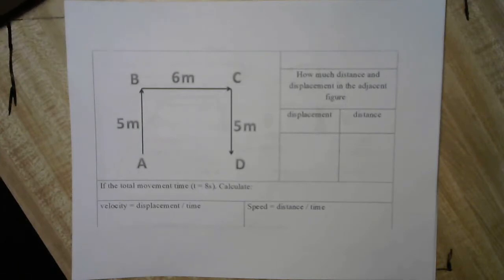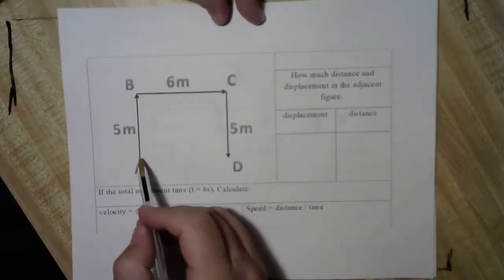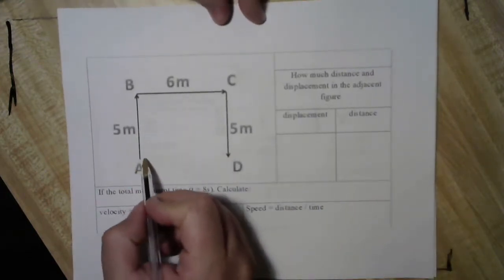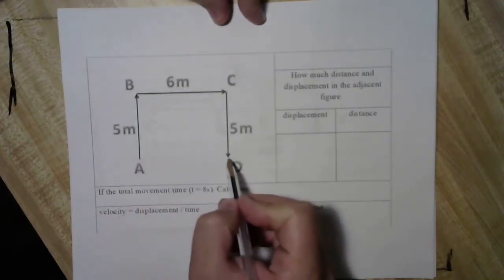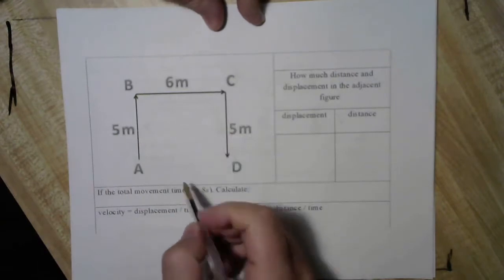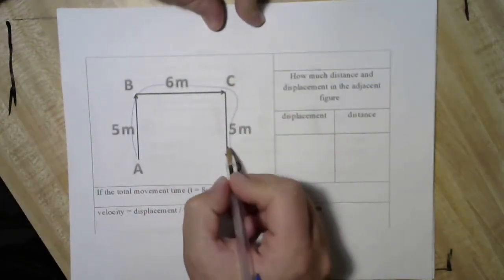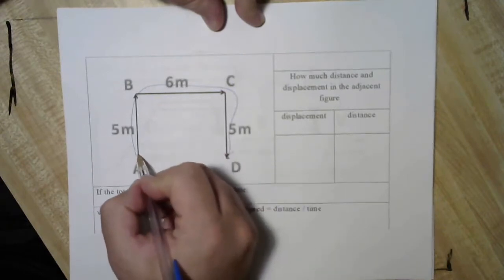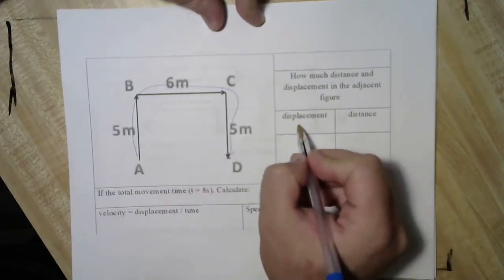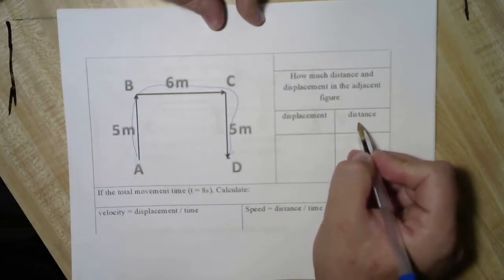Okay, students, now I will solve another example for distance and displacement. If we have this shape, the track from A to D passing through B and C, if I go through this track, this will be a distance or a displacement? It will be distance. How much is that distance in this case?